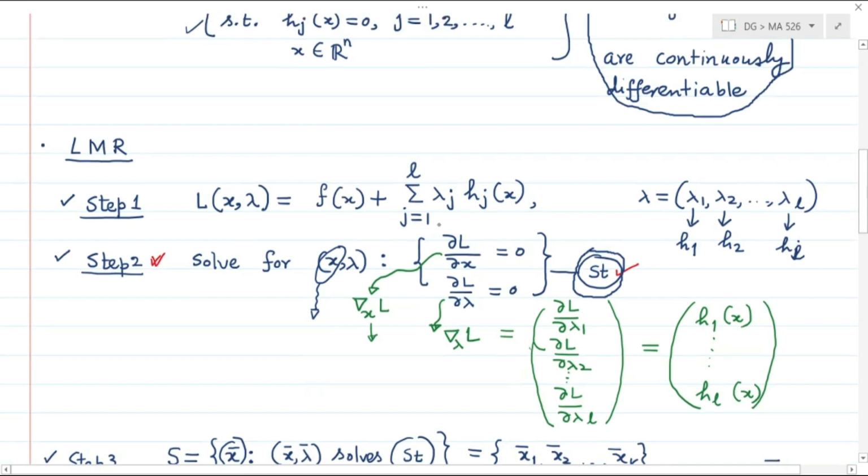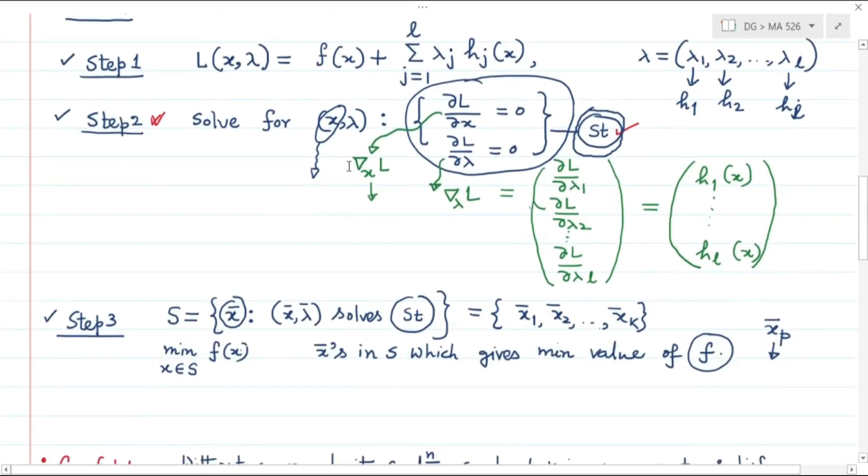In this step 2 we have constructed this system, and we deliberately feel that at a local minimum x bar there must exist one lambda bar such that (x bar, lambda bar) is the solution. If there might not exist one lambda, then obviously that particular x will not come into the set S, and therefore your local minimum is missed out, right?